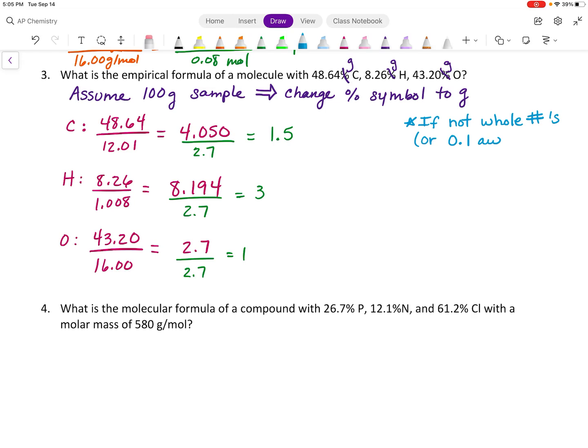If it's 0.1 away, we can go ahead and round. Okay, but if it's not, we must multiply by a factor to get whole numbers.